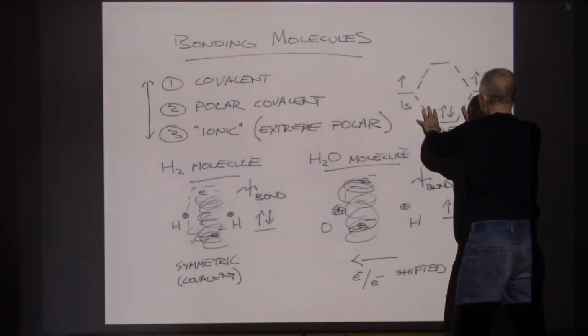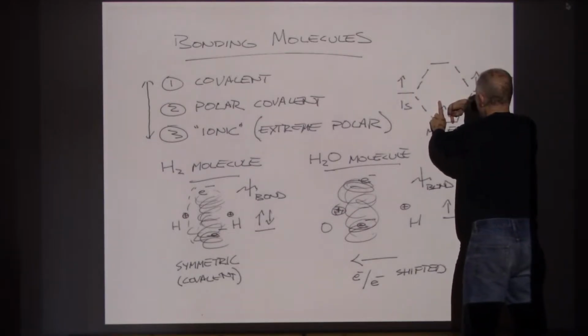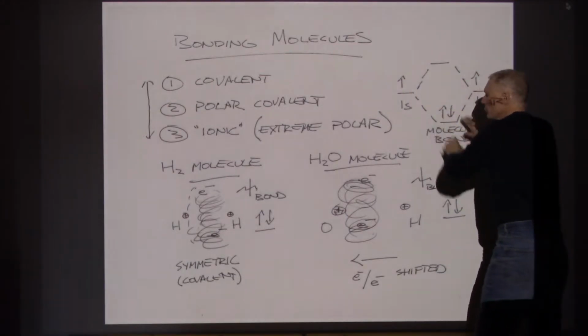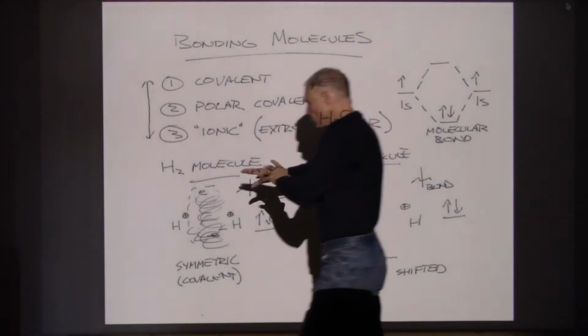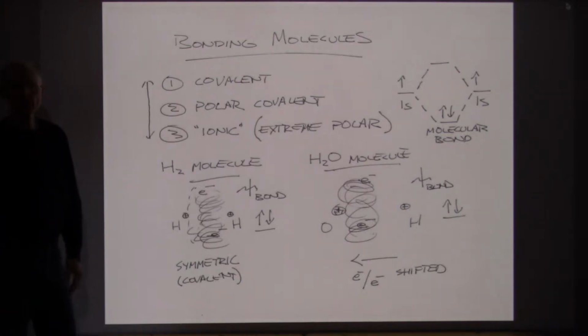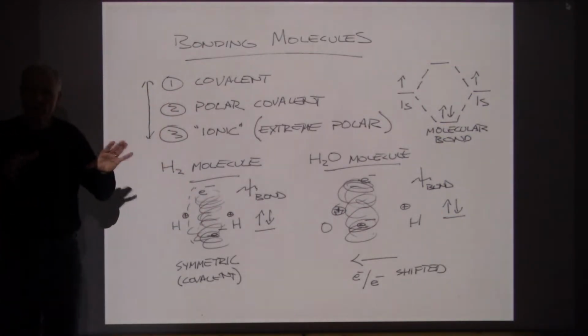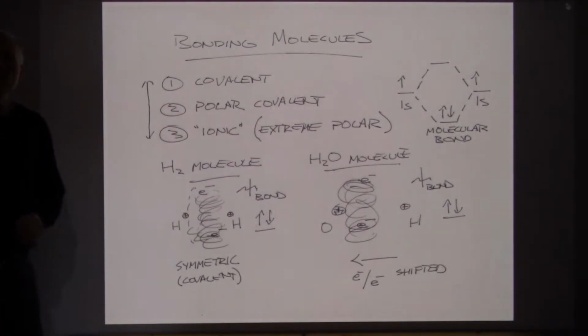But to get the chemical bond, we flip the spin on one of these and lower these into a molecular state, and this electron buildup between the two nuclei holds them together. So again, it's a quantum mechanical effect explaining why chemical bonding takes place between certain atoms but not between others.